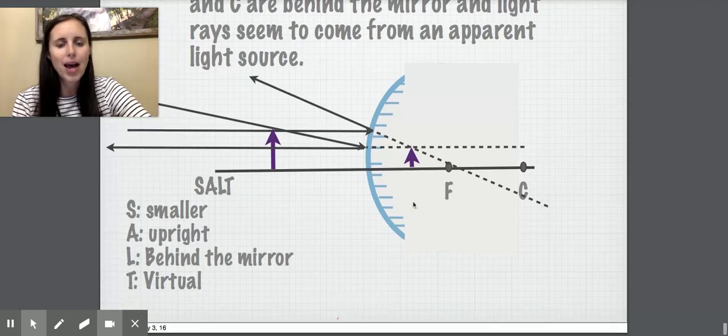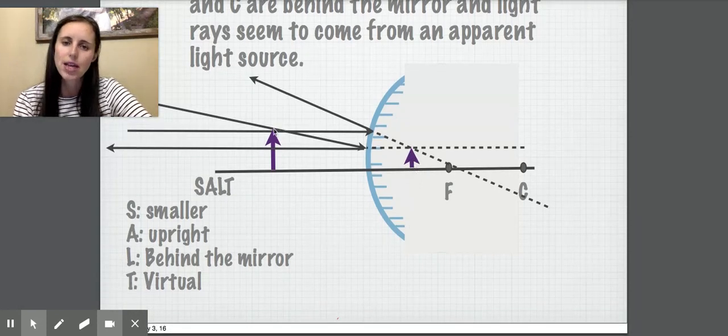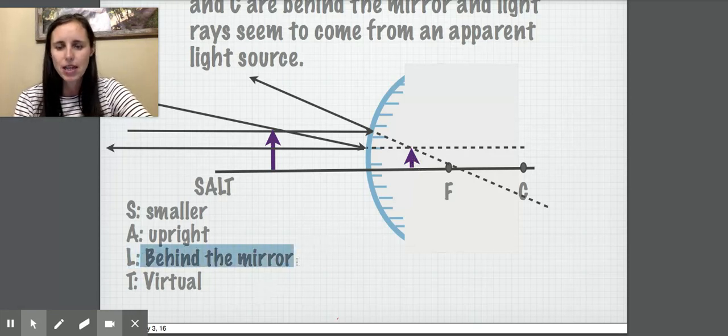And we're going to think about how this image is related to this object. This image, if I compare the sizes, looks much smaller. So it's smaller. This image, if I compare the attitude, this is facing upwards. This is facing upwards, so it's considered to be upright. In this case, the location, it's really hard to say where it is. So we're just going to say the location is behind the mirror.